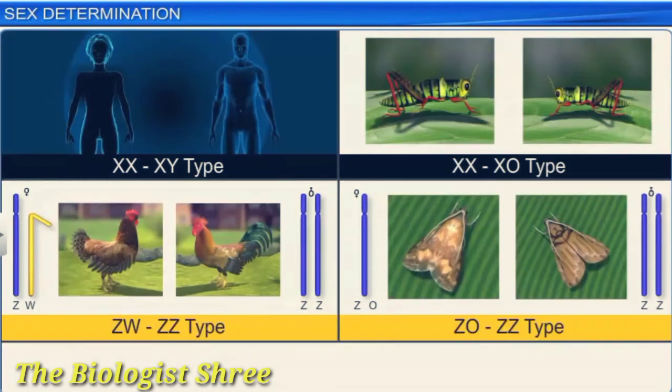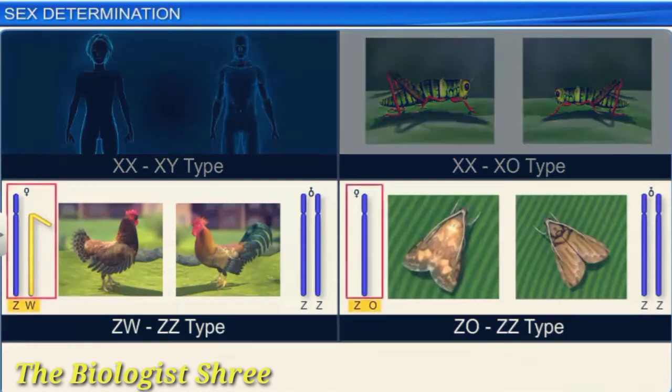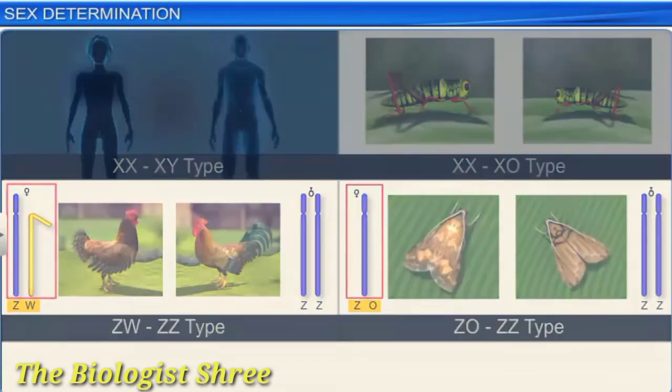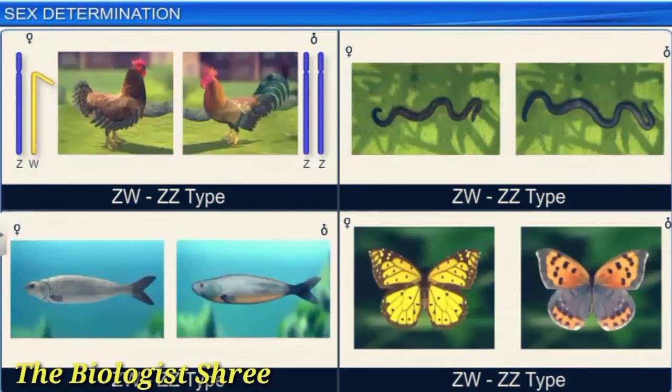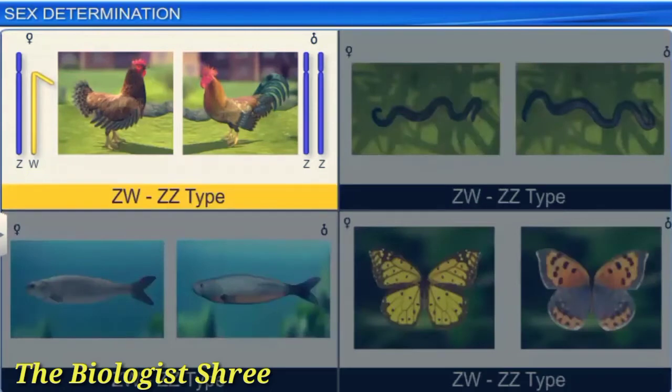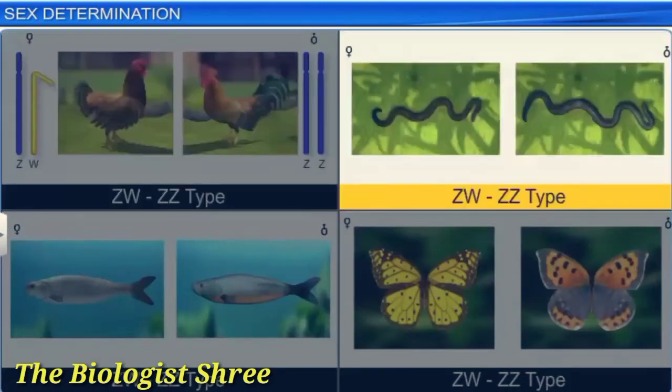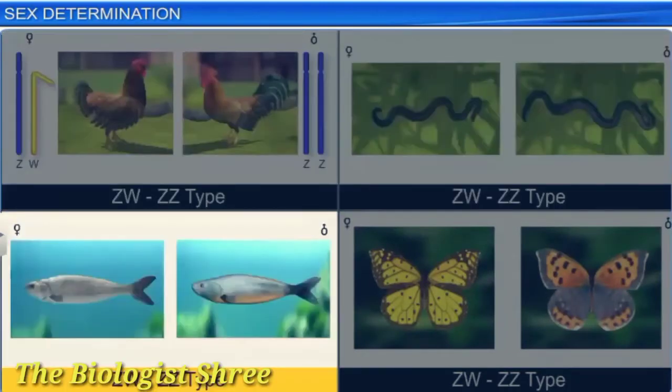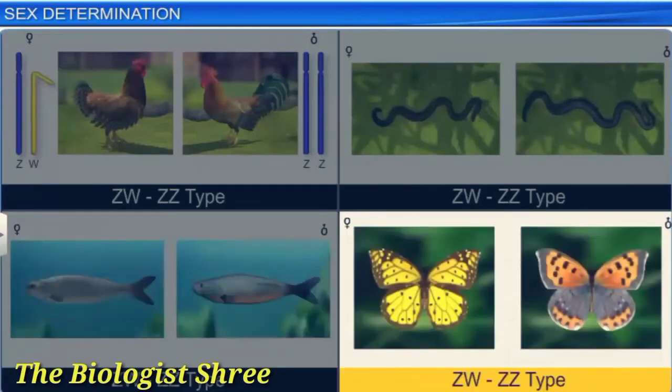That is, two different types of gametes pertaining to the sex chromosome are produced by the female. An example of such a sex determination system is the ZW-ZZ type, and it occurs in birds, reptiles, fish, and some insects like butterflies and moths.